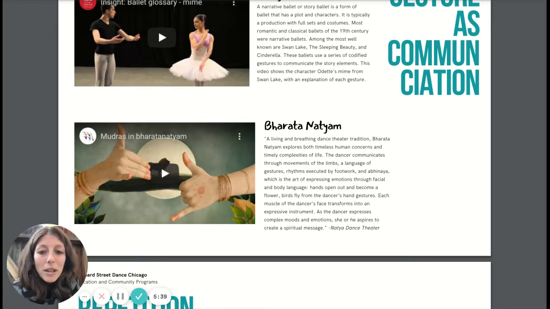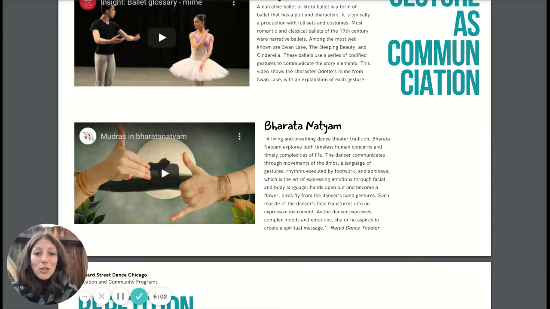Hands open out becomes a flower. Birds fly from the dancer's hand gestures. Each muscle of the dancer's face transforms into an expressive instrument. As the dancer expresses complex moods and emotions, she or he aspires to create a spiritual message.